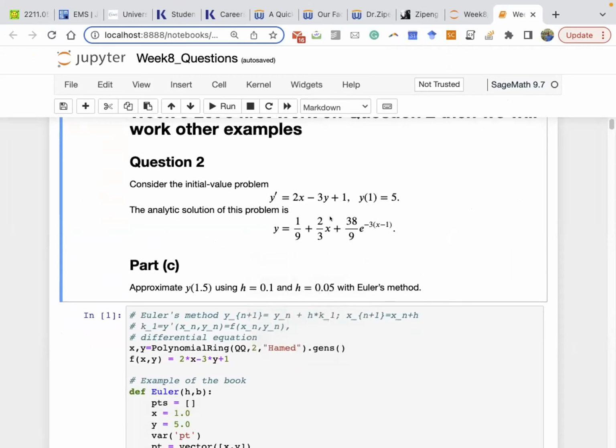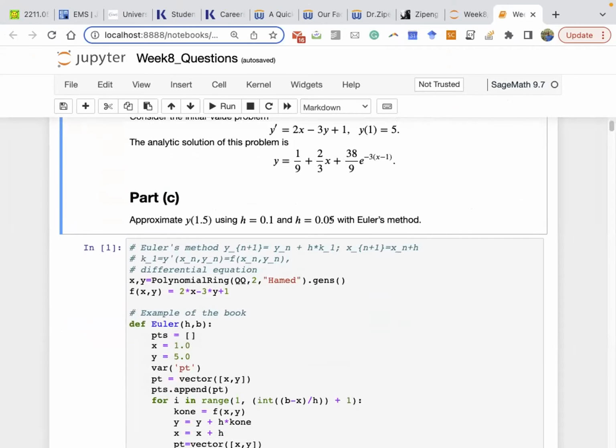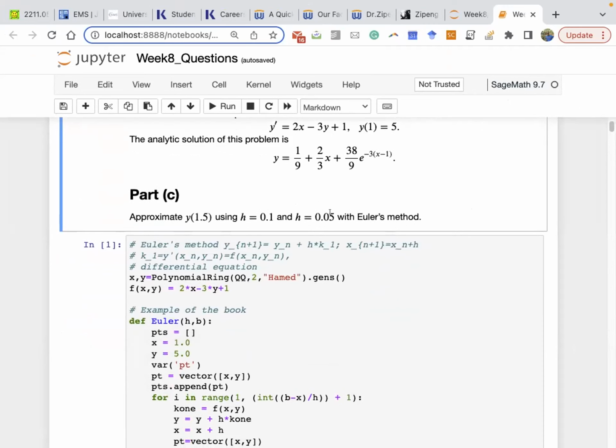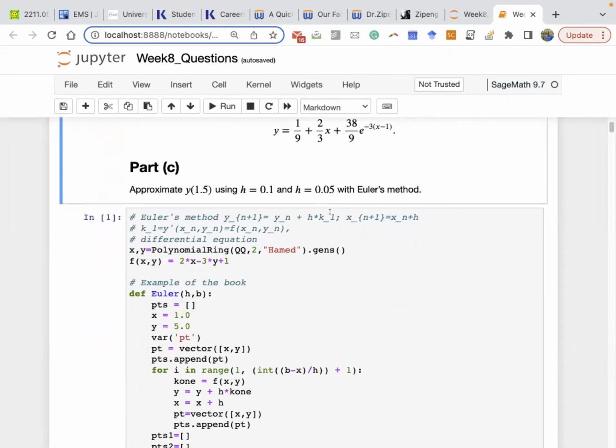We've got this question, the analytic solution, it's given to us, although we didn't need it, we were able to obtain it. So let's implement it, one by one, I will explain. We're going to use Euler's method, question part 2, parts C and D. What happened to question 3?